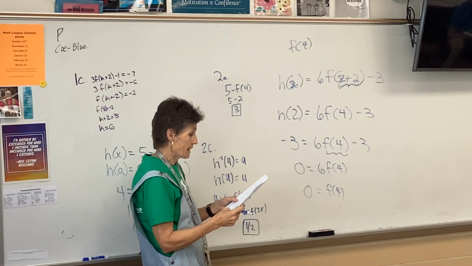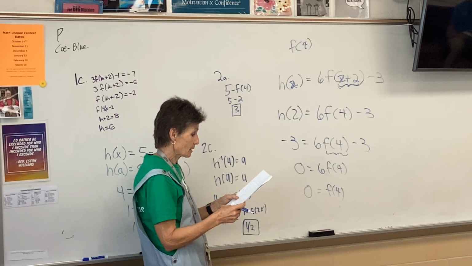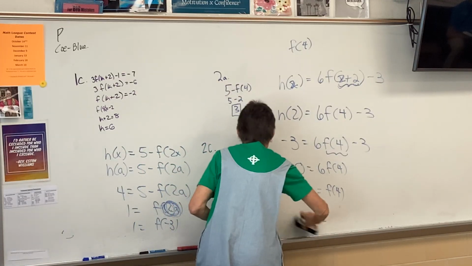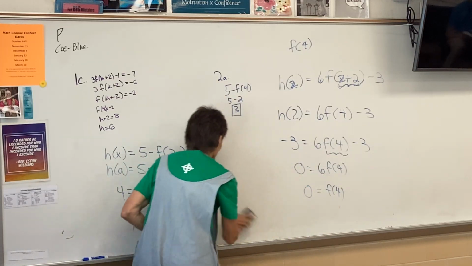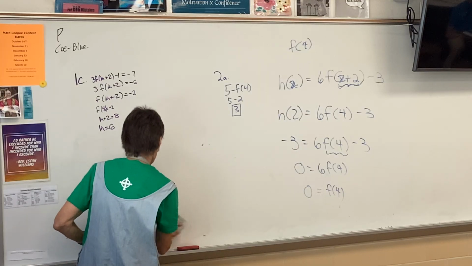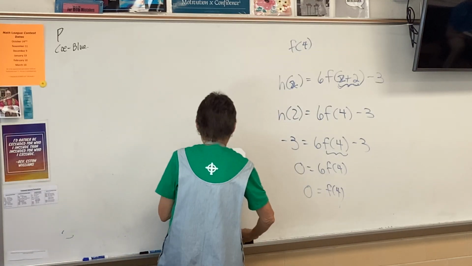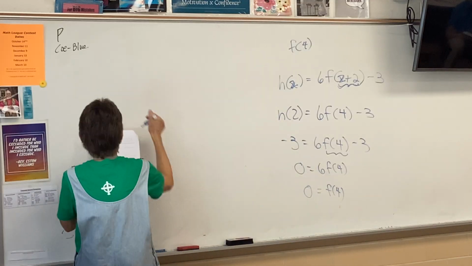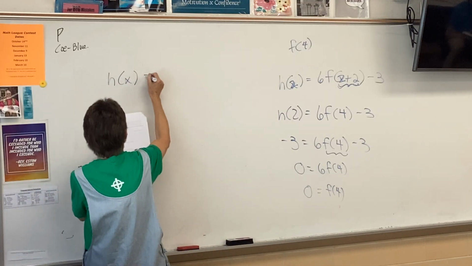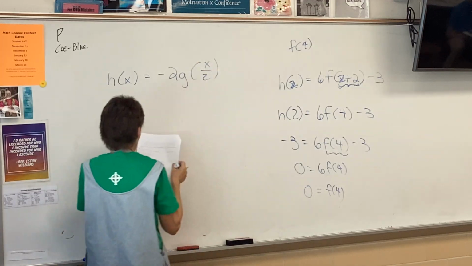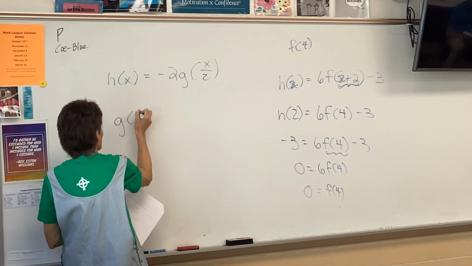It looks like 10 is the same thing, so let's look at 10A. This time we have a g function. So h is negative 2 g of x over 2. And I want to find g of 6.